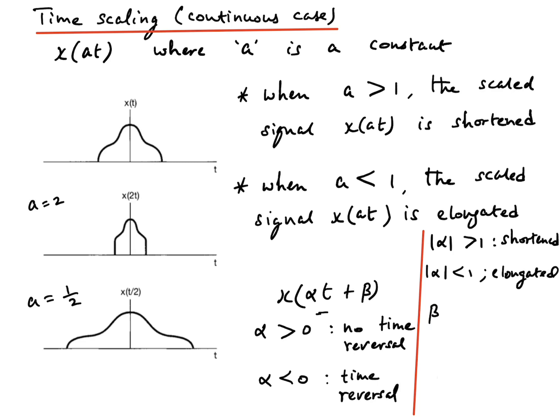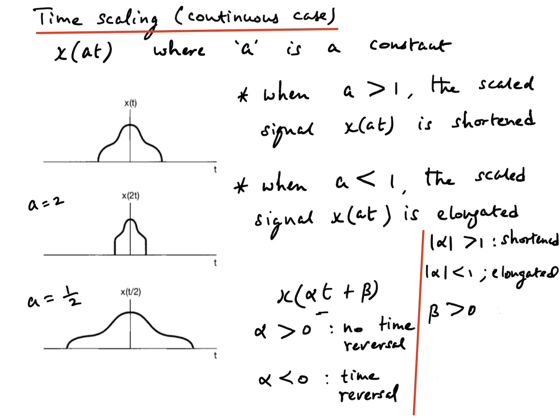And when beta is non-zero, let me write it specifically. In this example, because we have denoted the general form as a plus, when beta is positive, we will have it as x of alpha t plus beta.